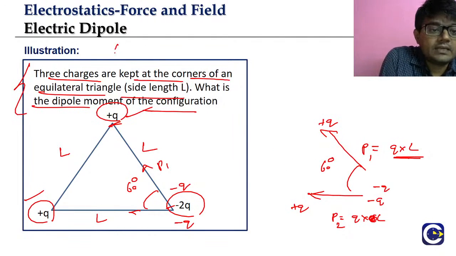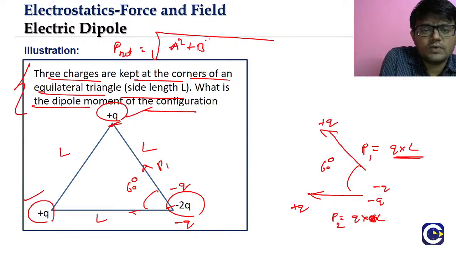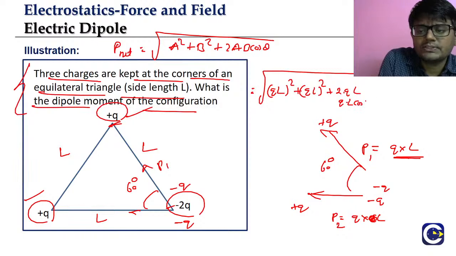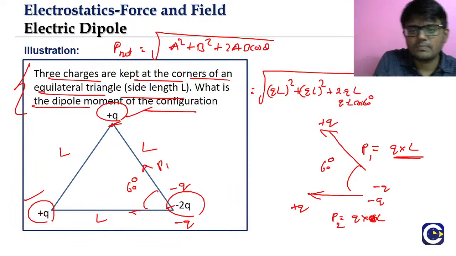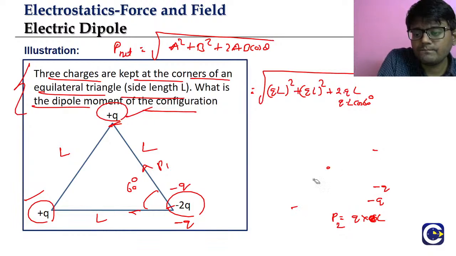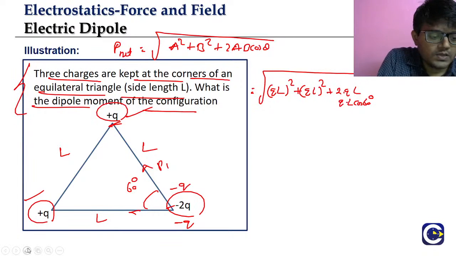So what is the net dipole moment? The resultant formula: root of a square plus b square plus 2ab cos theta. Substituting, root of (qL) square plus (qL) square plus 2 into qL into qL into cos 60. We have to substitute into the formula and get the answer. That is all. So see what we get. What is the value of cos 60?